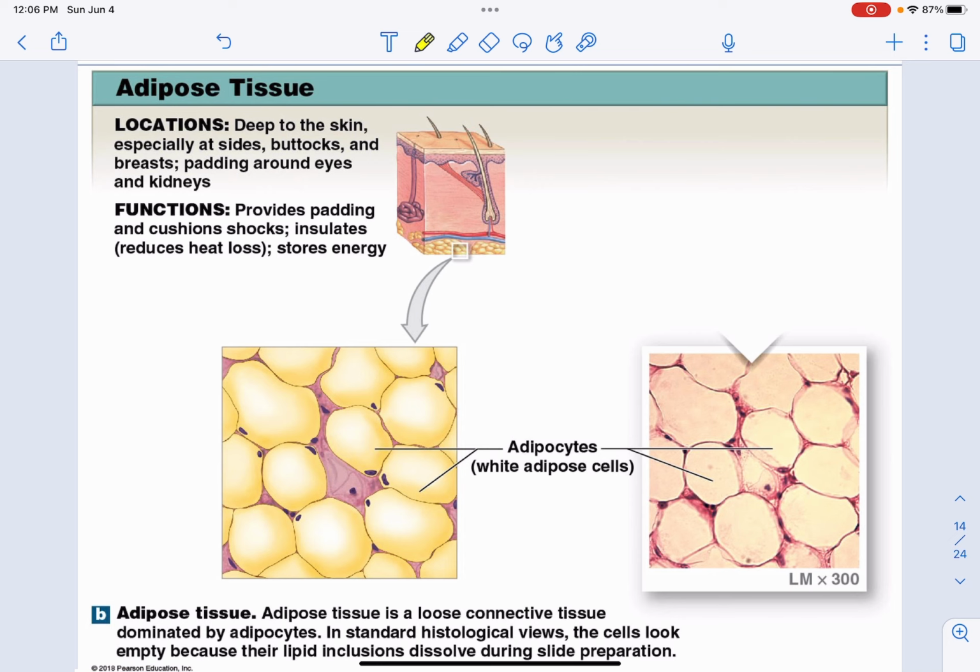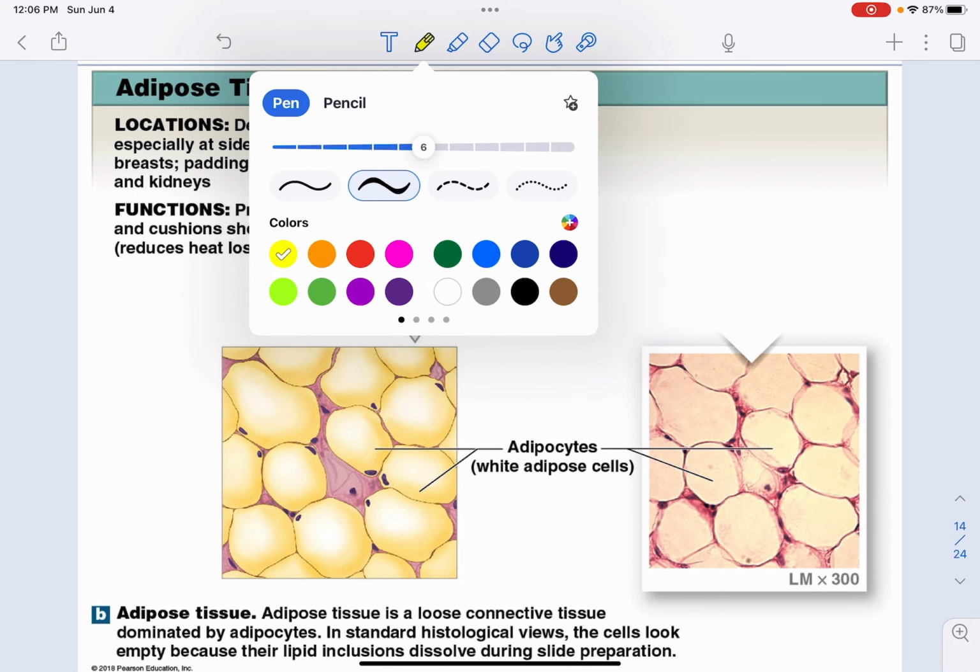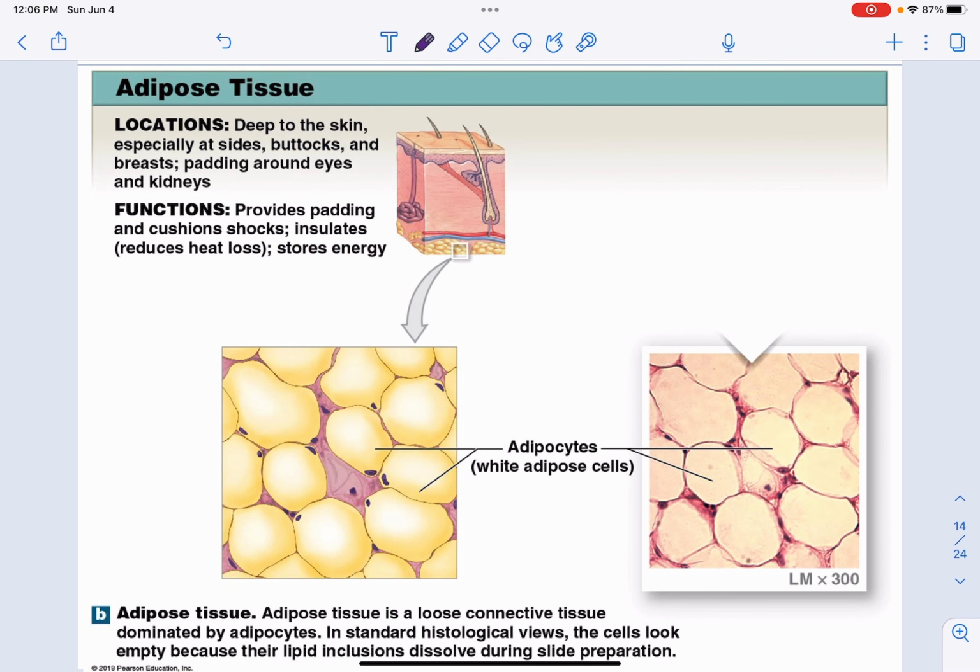Let me change my color here. So here are a couple of the locations of adipose tissue. There is adipose tissue deep in the skin. You will find it in certain areas of our body, such as our buttocks and our breasts. There's padding around the eyes and the kidneys.